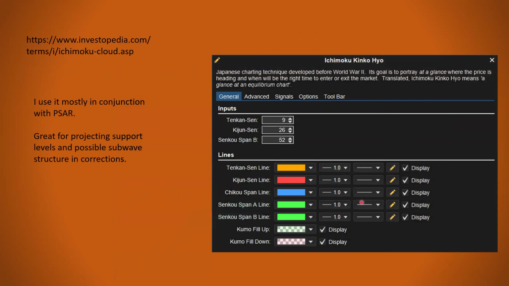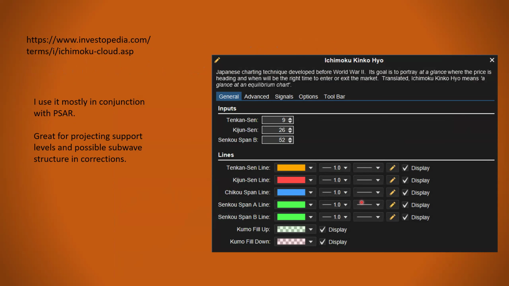There's a lot more that you can read up on iClouds on Investopedia. There's probably lots of other tricks and things that people have used them for in the past that I don't use them for. As I said, I just like to use it in conjunction with the PSAR as another added layer of confirmation, mostly of support or resistance levels, to use in conjunction with the Elliott wave.